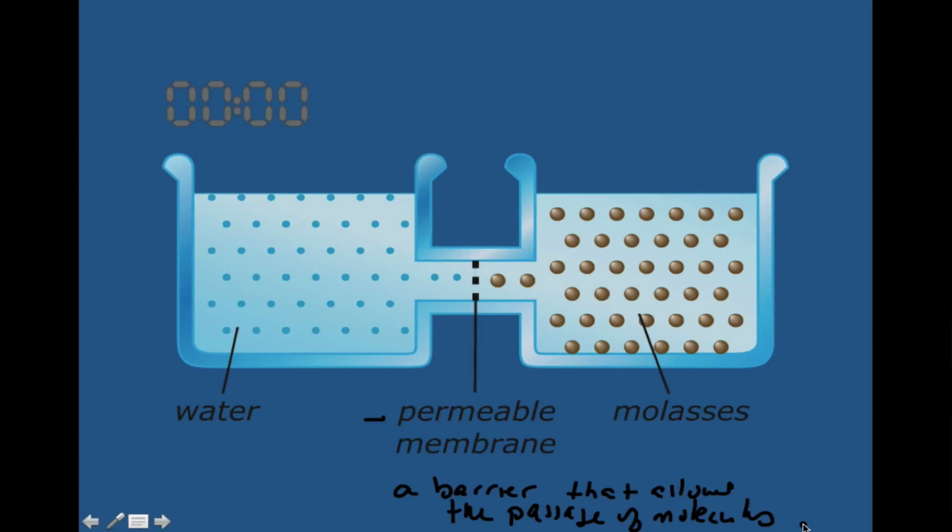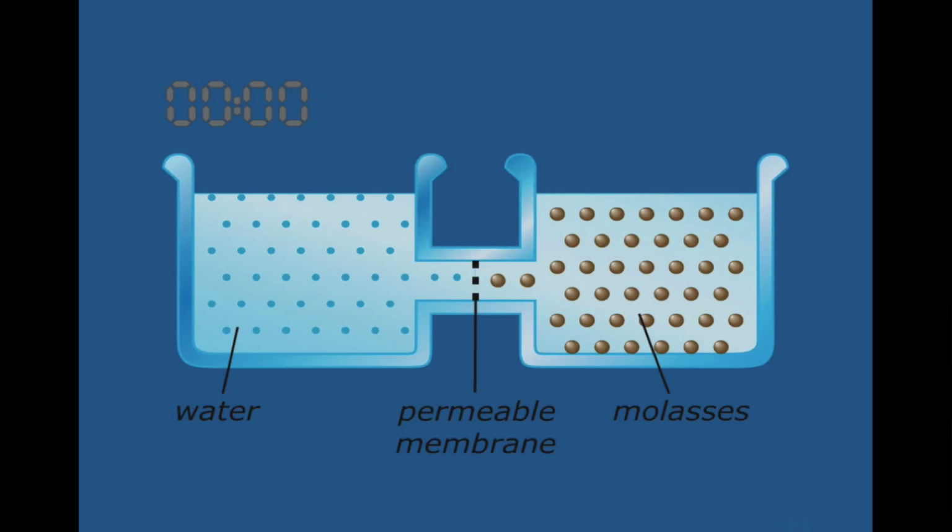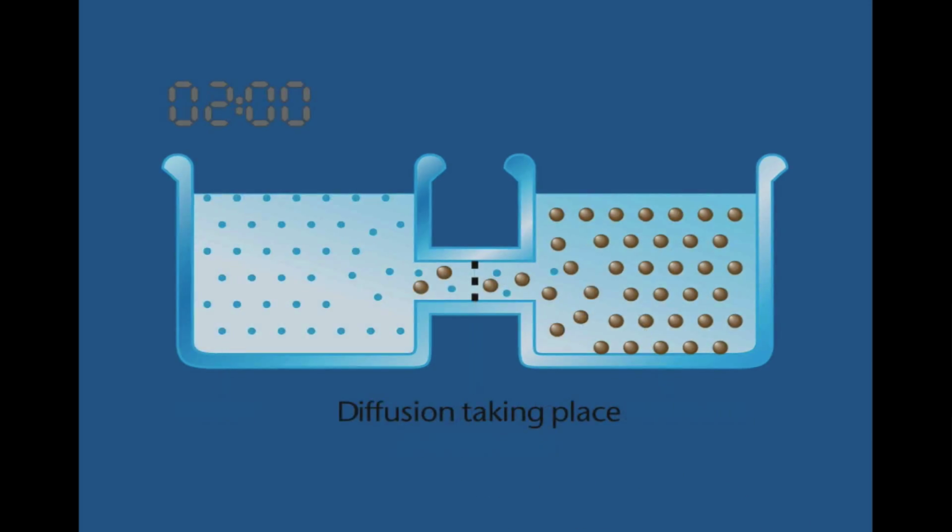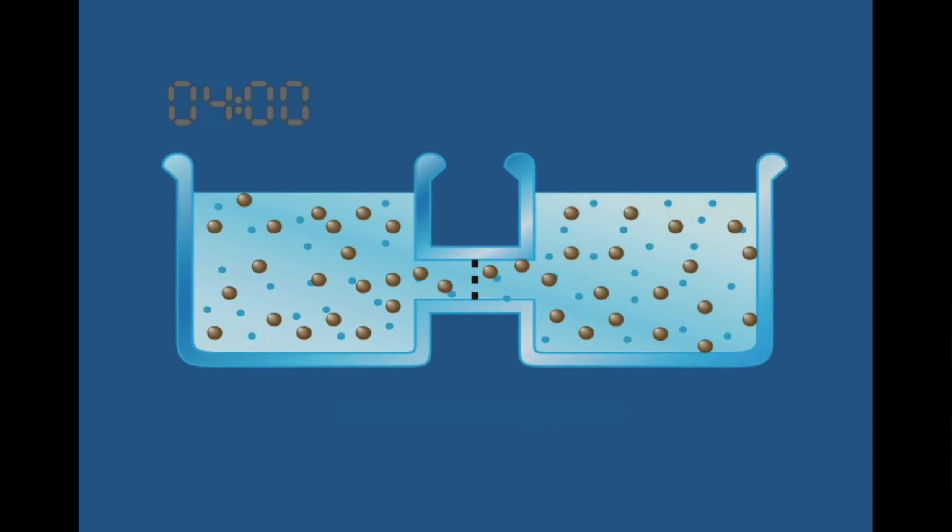So where is the higher concentration of molasses found? On the right side, right? So predict what will happen based on our definition of diffusion. What are we going to see occur? Well, over a couple of minutes, we're going to see those molecules pass through the permeable membrane till eventually we reach equilibrium, an equal amount of concentration on both sides.